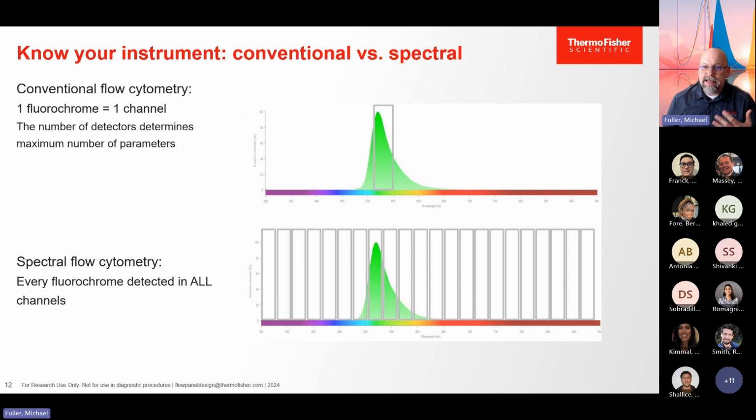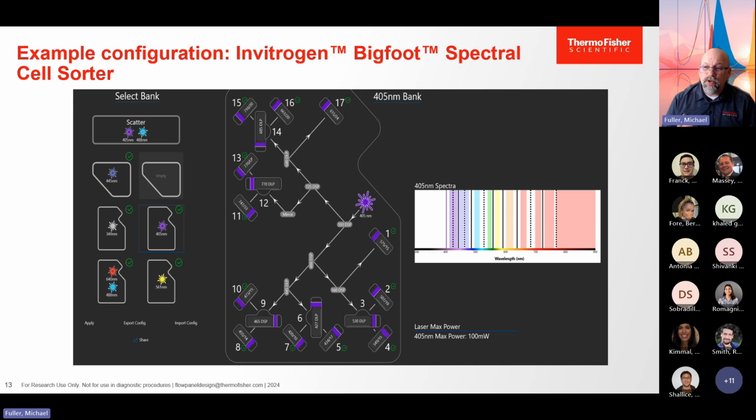So while it does expand your capacity for building panels with more and more colors, there are some important things to realize with these. One of them is that you still need to be mindful of what your optical configuration is. So this is showing the detector array from our Bigfoot spectral cell sorter for one of the lasers, the 405 nanometer laser.